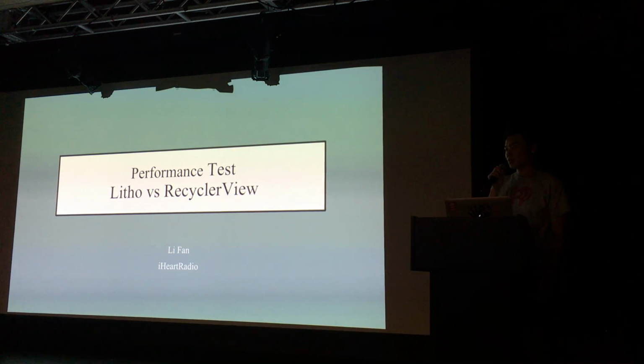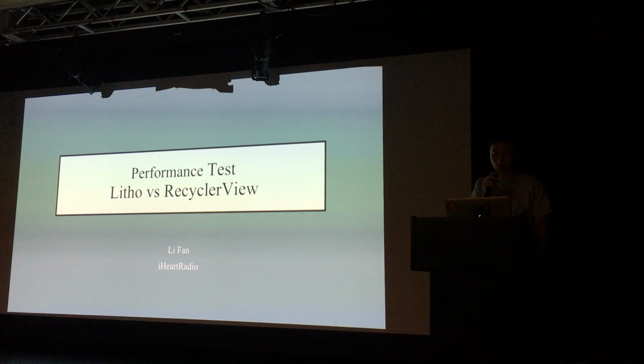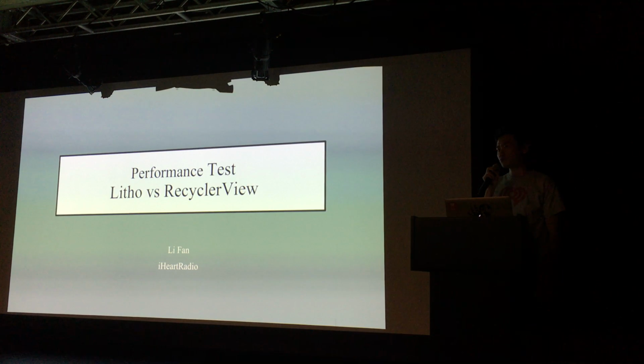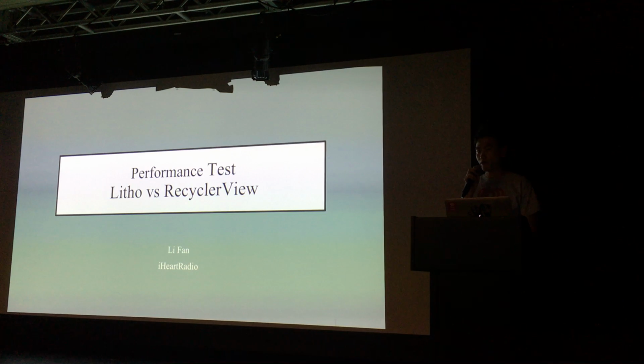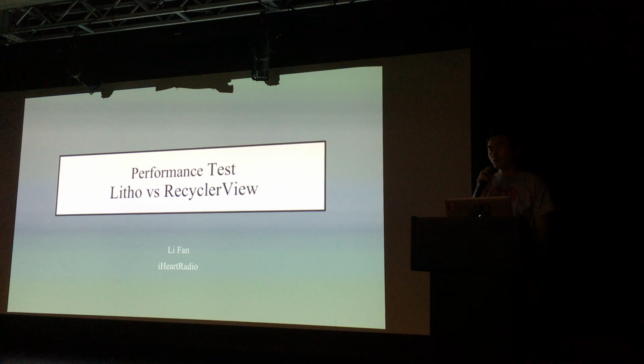So we did some simple tests on view flattening using both RecyclerView and Litho. And the result is pretty impressive. But before we get into the results, just in case anyone is not familiar with how the Android View framework works, think of an Android View as if you are making a collage, which is a piece of art made by stacking things like photos, pictures, and papers on top of a backing.